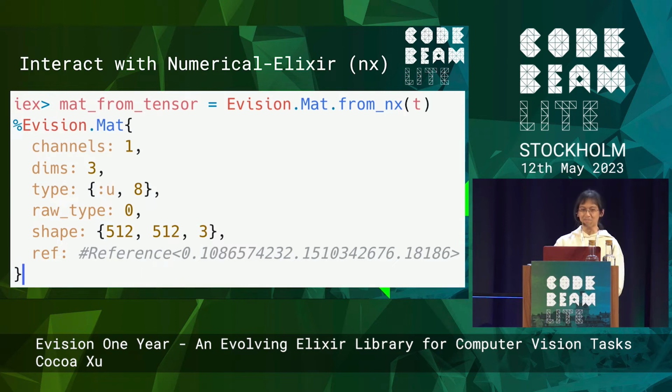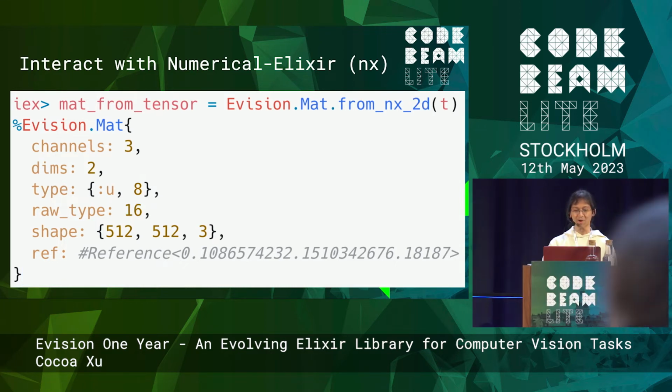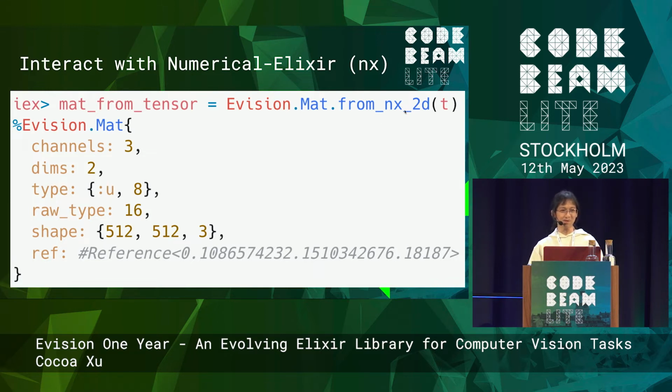Some OpenCV functions will specifically check that the dimensions equal 2, which is why we have to do this. Sometimes it could be annoying, but we have to deal with it.